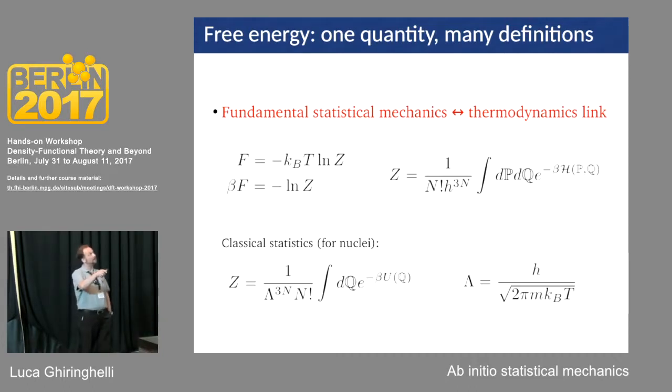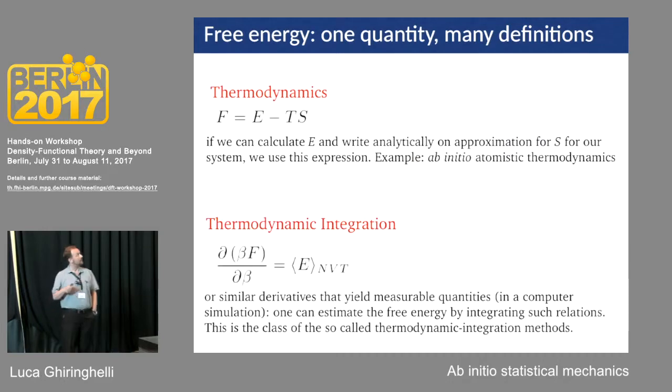So the Boltzmann factor integrated over all momenta and all configurations. Then typically in classical statistical mechanics, one can do the integral over momenta analytically. So this lambda to the 3N power, the de Broglie wavelength, and one is left only with this integral that is typically analytically untreatable. So it's an integral of the exponential of the potential energy integrated over all possible configurations. And this is what we are typically concerned with.